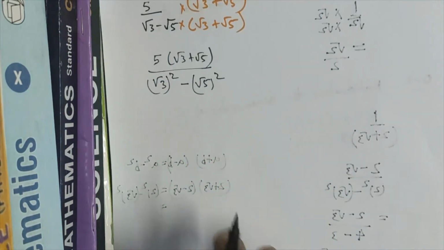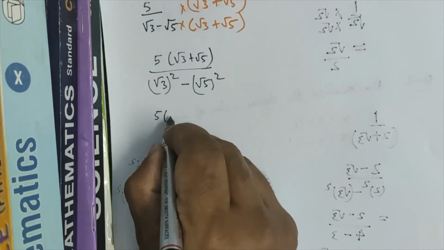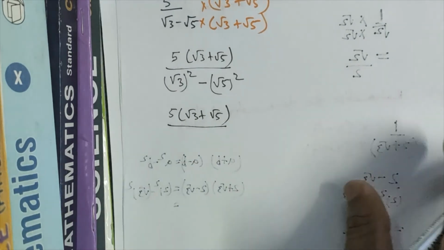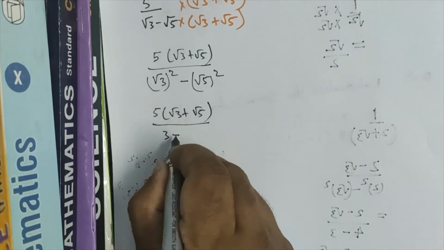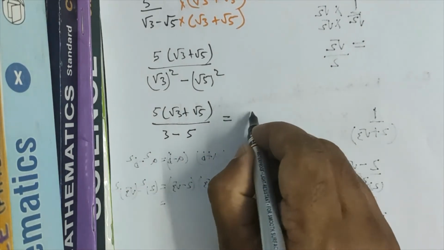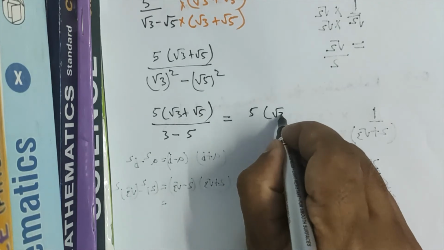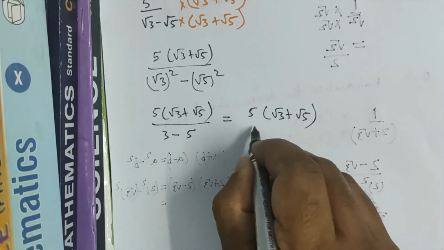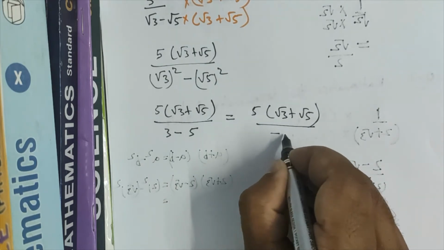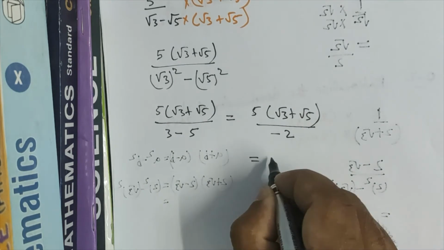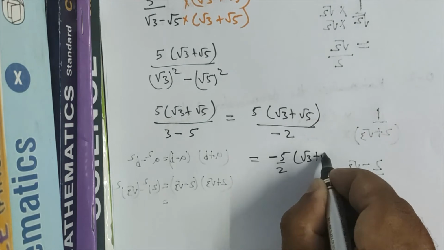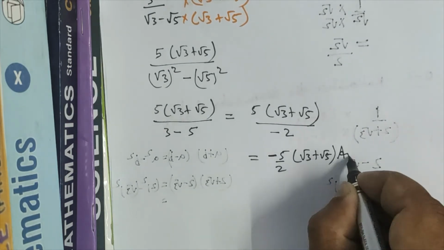So we can write it as 5 (root 3 plus root 5) upon square of root 3, which is 3, minus square of root 5, which is 5. That is equal to 5 (root 3 plus root 5) upon 3 minus 5, which is minus 2, or we can write it as minus 5 upon 2 into (root 3 plus root 5). This will be the answer.